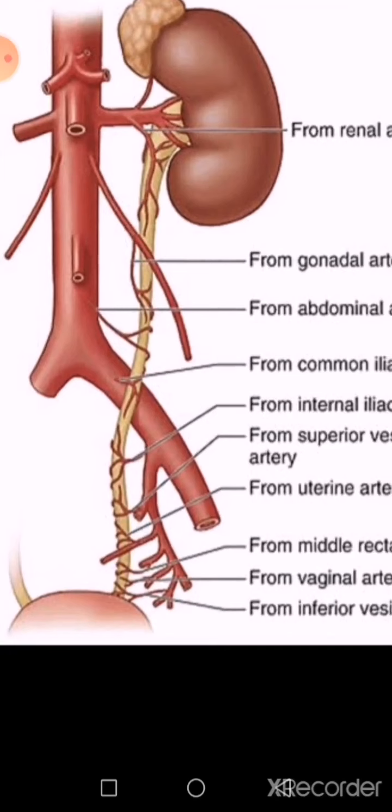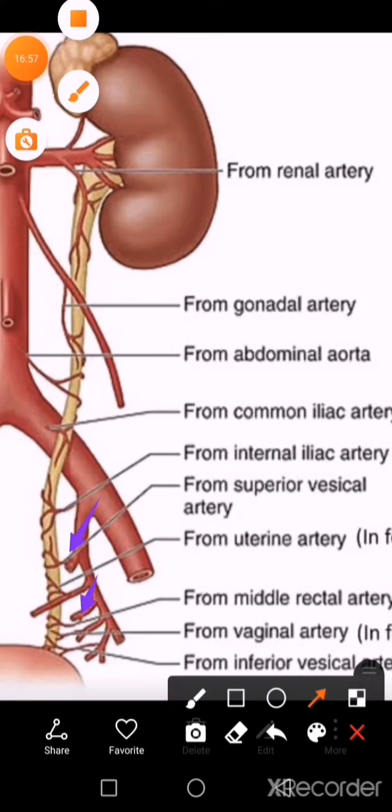Now back to what we were talking about. Lateral relations will be easier to appreciate in this image, again from Netter's, right? We're looking at the pelvis and we can see the ureter right over here. Let me just label it. And these are the lateral relations found in the pelvis, right?